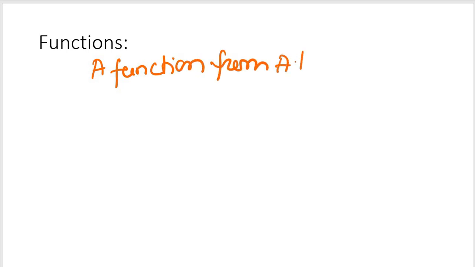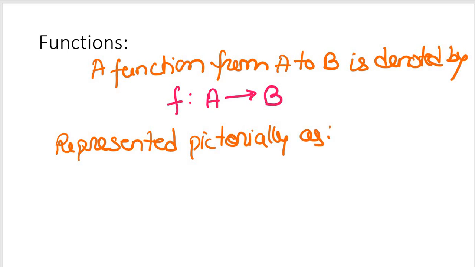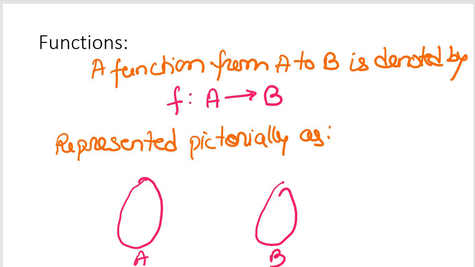So a function from set A to set B is denoted by f from A to B and represented pictorially as, let's say, on this side I have set A, on this side I have B, and a function f.